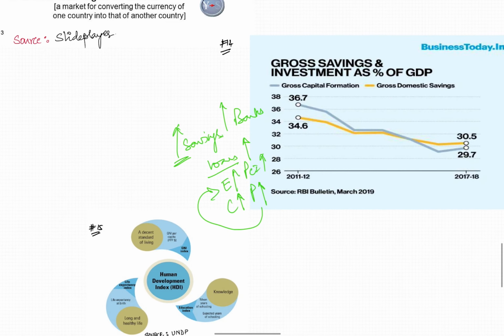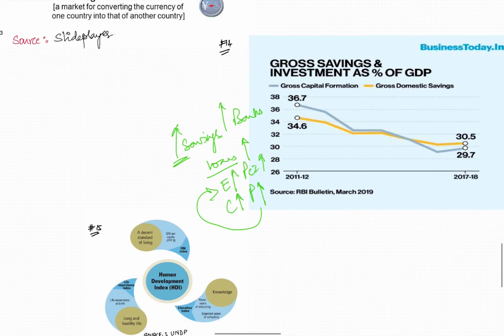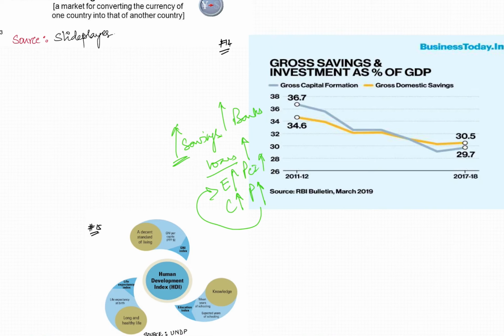So this reflects there's going to be a gap. If the domestic savings are growing, of course here it is the other way around, the graph has come down. We can understand that in the year 2011-12, gross domestic savings were 34.6% of the total GDP.